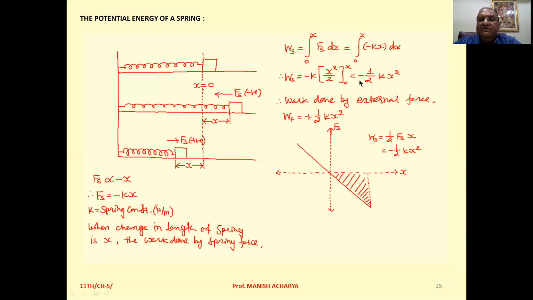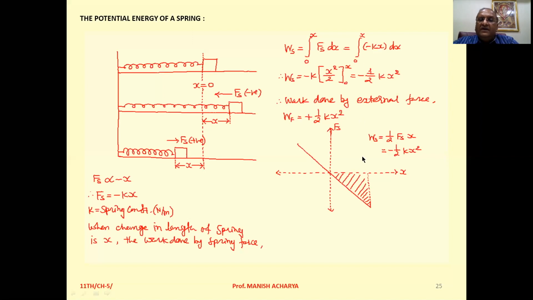So resultantly we will get minus half kx square. This is the work done by spring force. So we have to do work against this one. So work done by external force will be plus half kx square. Clear? And this particular work done will be stored in it in the form of potential energy.